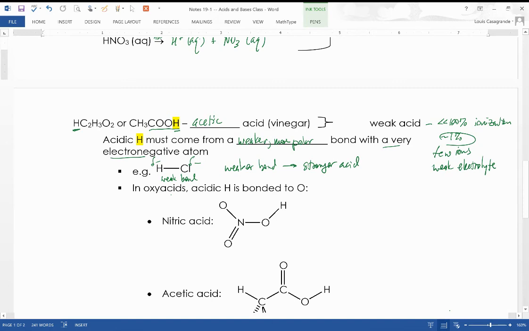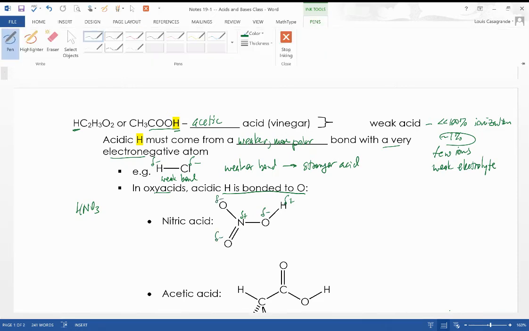In oxyacids, the acidic hydrogen, now when we write HNO3, it looks like we're putting the H on the nitrogen, but that's not where it actually is. The H is actually bonded to an oxygen. This is going to be true of all these oxyacids. Now here we have a delta plus, a delta minus, a delta plus here, and delta minuses here and here.